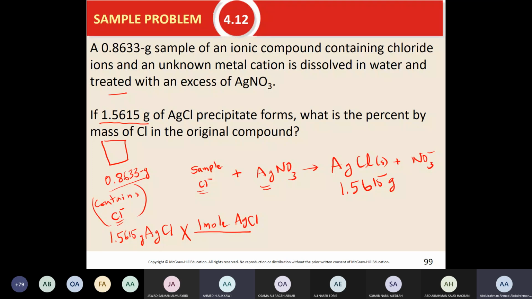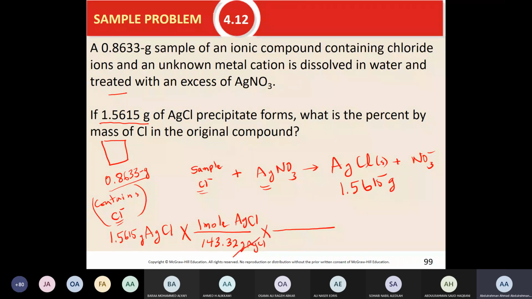It is 143.32. Anybody got the same answer? Yes, doctor. 143.32 gram per mole AgCl.